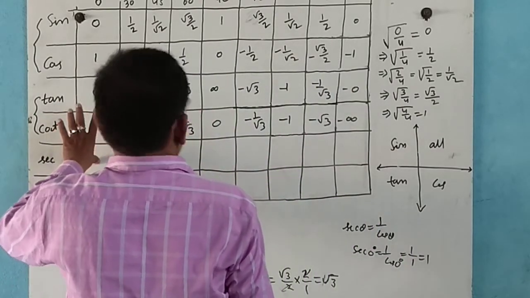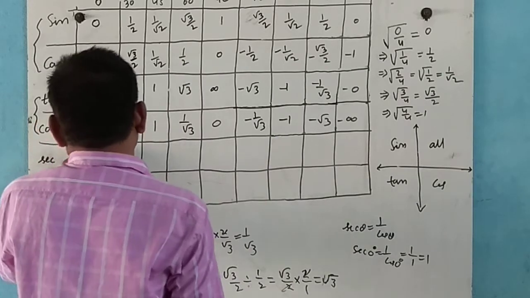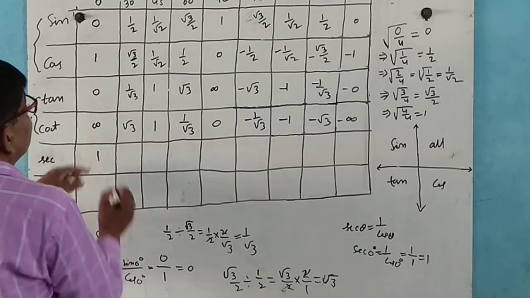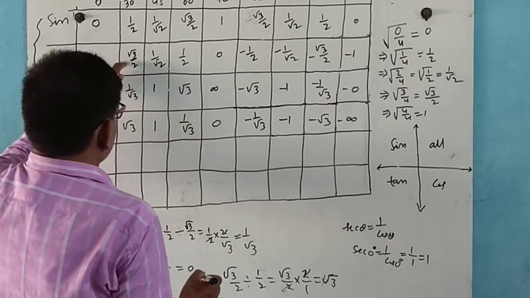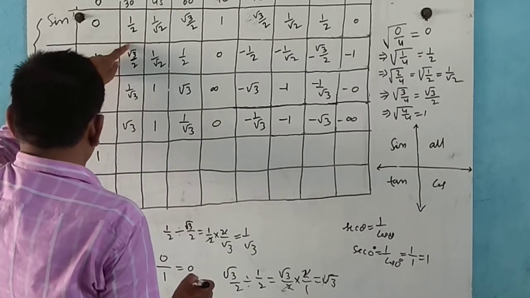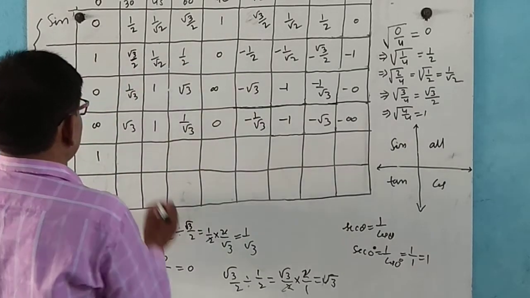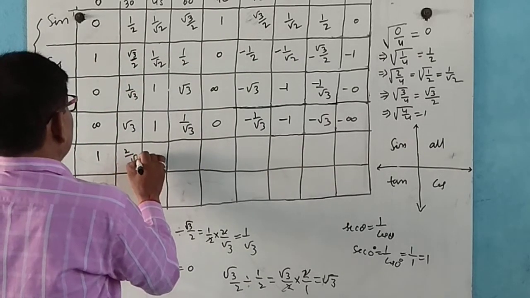Sec theta is equal to 1 by cos 0 degree, this is 1. This time 1 by this, sec theta is 1 by cos theta, 1 by this, and 2 by root 3.